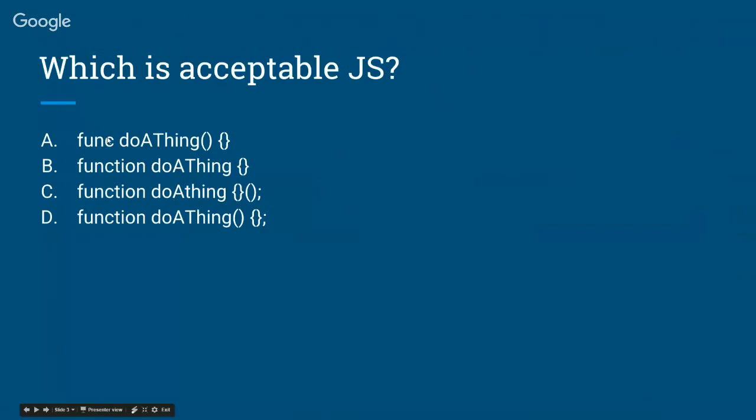Func is not a valid keyword in JavaScript. It is in other languages, but not this one. Function do a thing is missing the two parentheses to mark that this is actually a function. C has the block curly braces before the argument parentheses, which is the wrong order. D has everything in the right order. Function keyword, then the function name, then the parentheses, then the curly braces. This semicolon is not necessary, but I'm going to add it anyways.